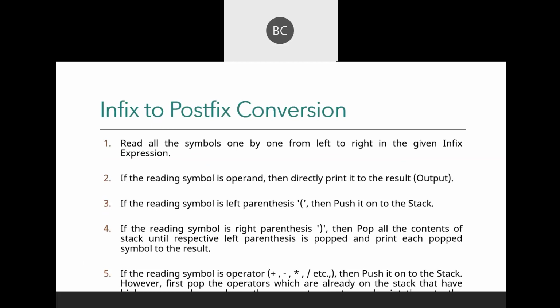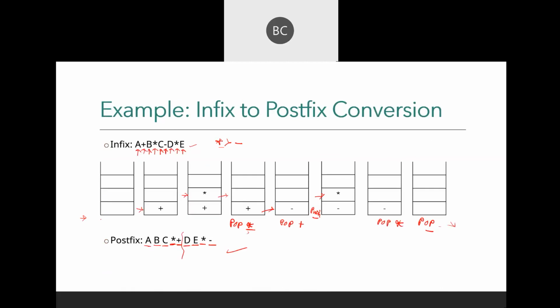But when you want to convert infix to postfix or prefix, then we always push the operators onto the stack. The result part we directly write here. We will pop the operators with higher precedence and then place them after the variables.